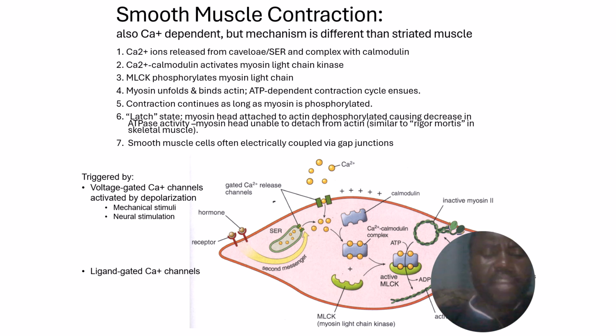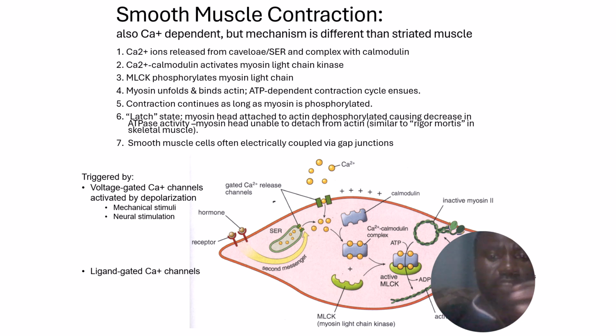Now, the kind of binding you find in smooth muscle is described as a latching mechanism. Latching is like you have a baby that is going to breastfeed. The way they breastfeed, they don't just kiss the nipple or the teeth. They actually put the nipple inside the mouth. That is latching.